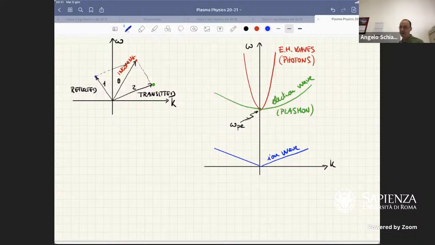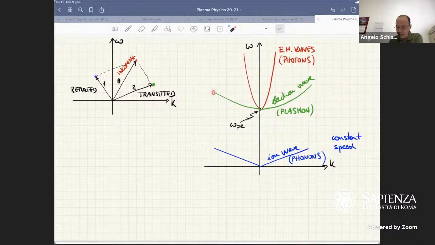So phonons are quanta of acoustic waves, usually associated with the motion of the bulk of the plasma, or of the lattice of a material, in this case with the motion of the ions. So we see that there are some characteristics. For instance, if we look at the ion waves, they are almost constant speed. So in our approximation we can say that this wave has constant speed.